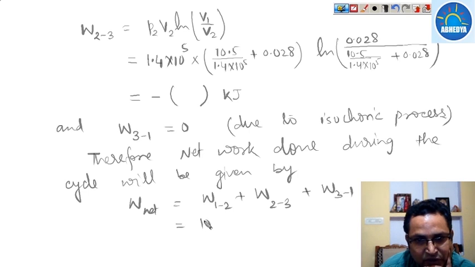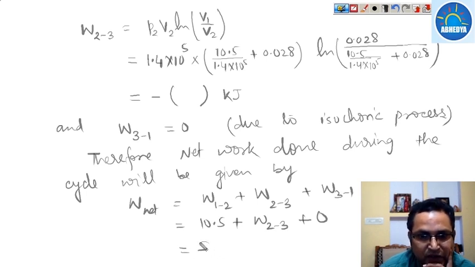This is 10.5 plus W23, which we have already calculated here, and this is 0. This number will definitely come out to be a negative number. Why is it a negative number?